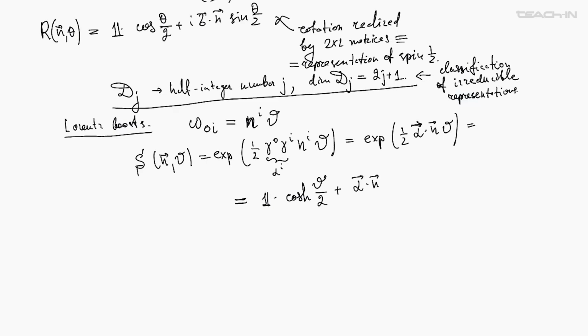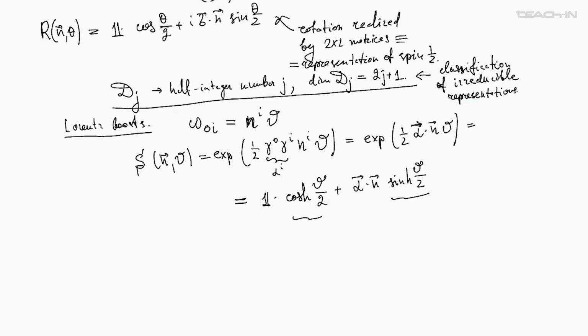So the fact that we are dealing with Lorentz boosts shows itself in the appearance of these hyperbolic functions, signaling that you are now dealing with Lorentz boosts. And this is how this transformation looks.